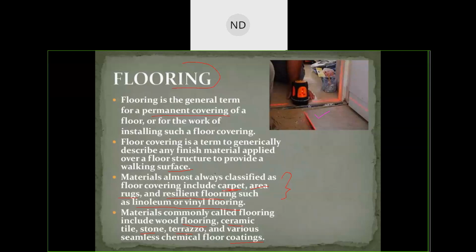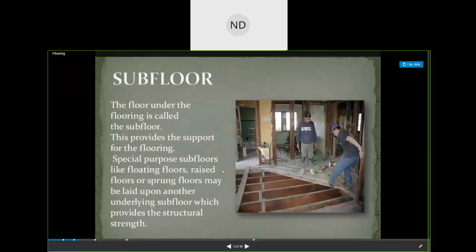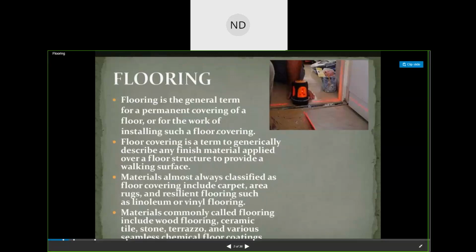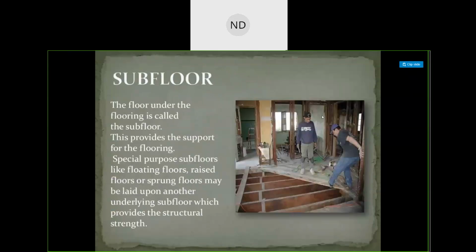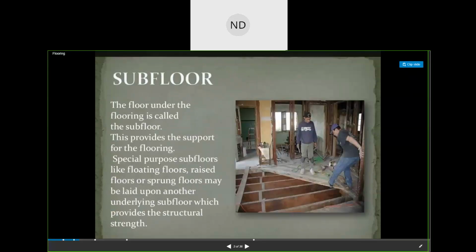Next is the subfloor. Subfloor means what? The floor under the flooring is called the subfloor. You have your cover here, which is the flooring, and the portion below this flooring is called your subfloor, which is mentioned here in this particular slide.